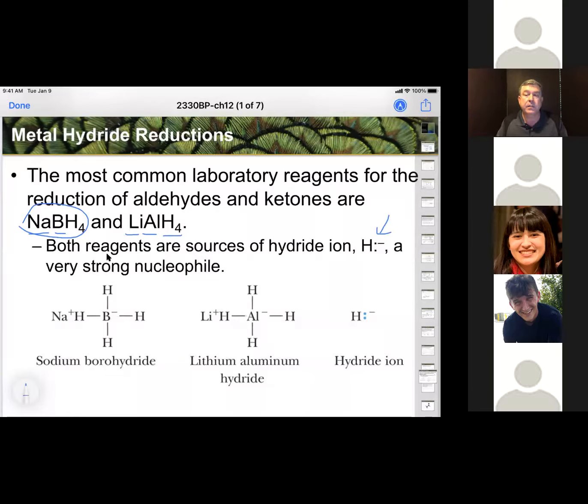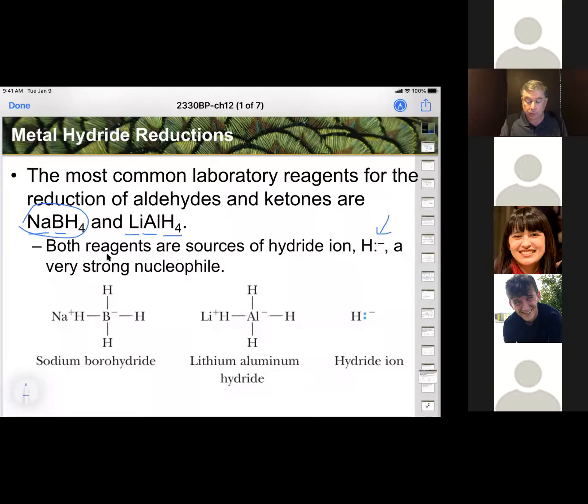Why does this help us in the reduction of carbonyl compounds? Well, we have a partially positive charge on the carbonyl. And so the hydride will attack the carbon of the carbonyl and do a very specific reaction. When we have an alkene, both of those sides of the alkene are the same. There's no partially positive, partially negative side, and they don't react with them. They are very specific about reacting with only carbonyl compounds.